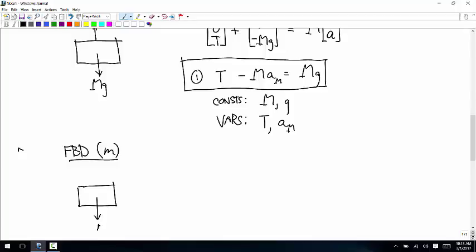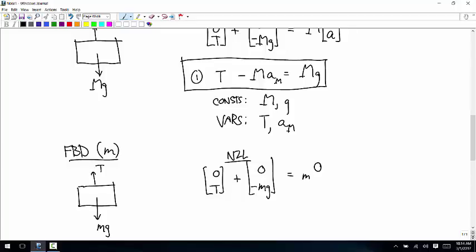So there's a weight down of small mg. The cable force up is T again. And so Newton's second law says 0T plus 0 negative little mg is equal to 0 little m times the vector 0, A little m.